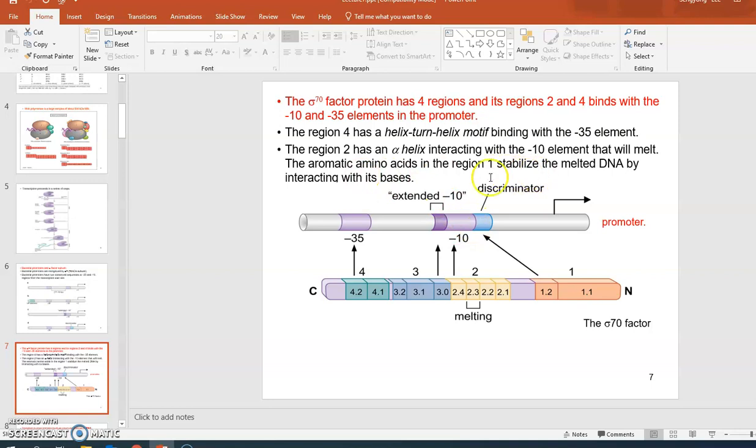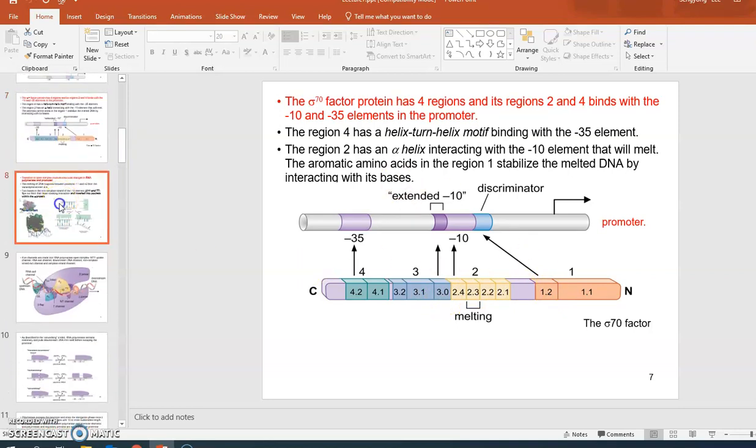Region 1 has aromatic amino acids like tyrosine, tryptophan, and phenylalanine, which can stabilize the melted DNA by interacting with the bases. So different regions of the sigma factor do unique roles in promoter sequence binding.